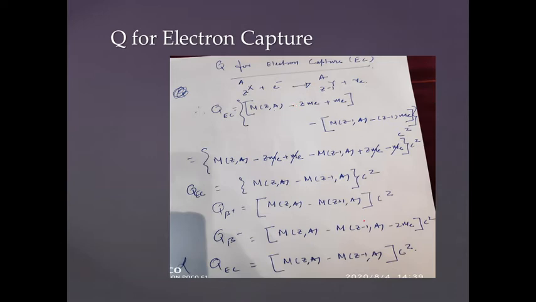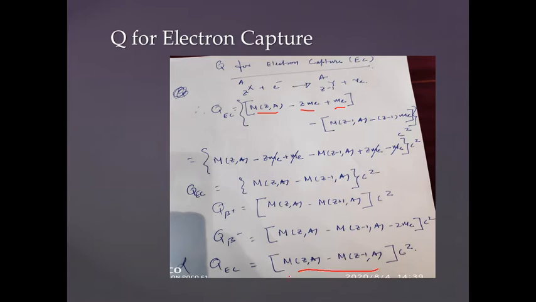If you do a similar exercise, here again I have taken the mass of ZXA, which is MZA, the atomic mass. I will have to subtract the electron mass, and add the mass of the electron here. Same thing I do with the daughter, and then when I rearrange the terms, I get this equation.